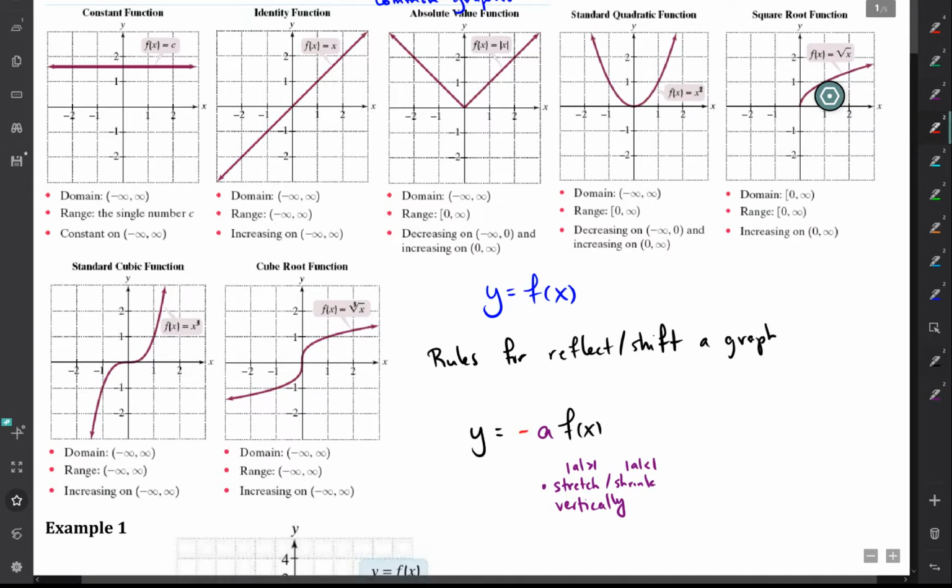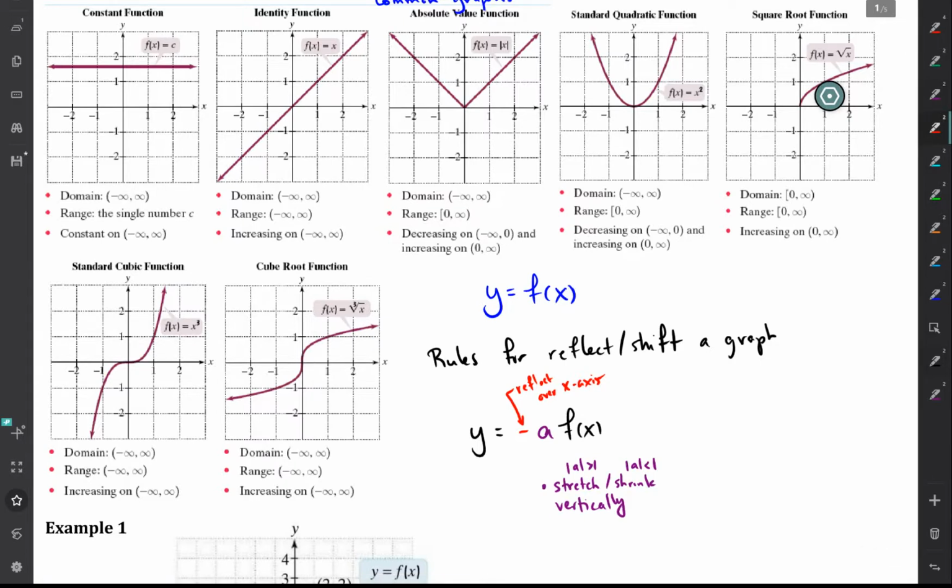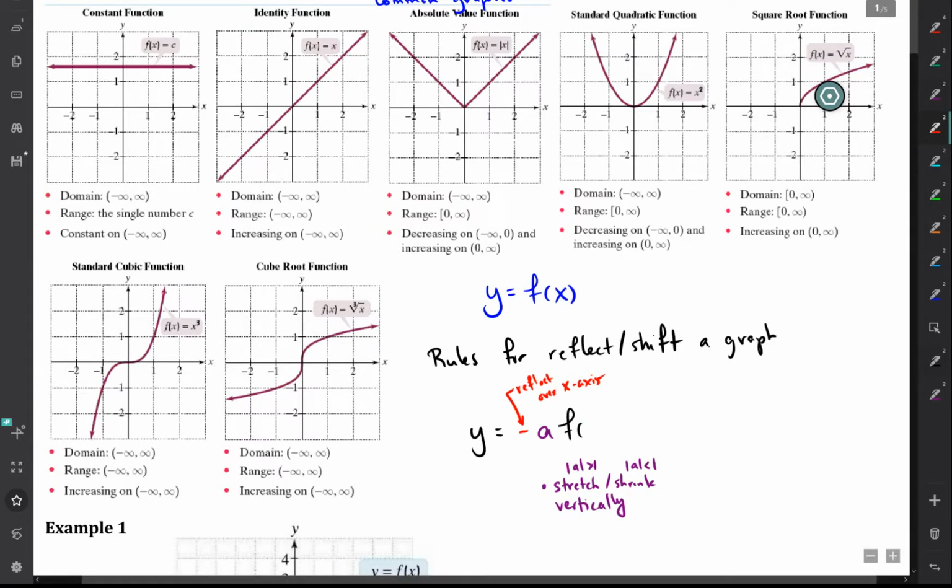If there's a negative out front, then that's going to be reflecting over the x-axis. And if there's a negative inside of the parentheses, then that would be reflecting over the y-axis.